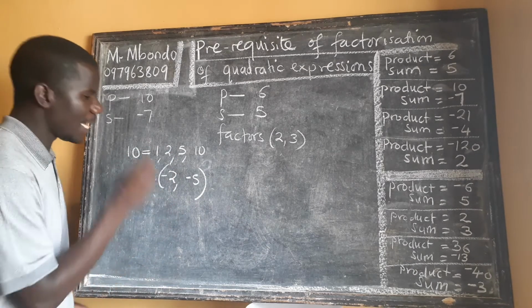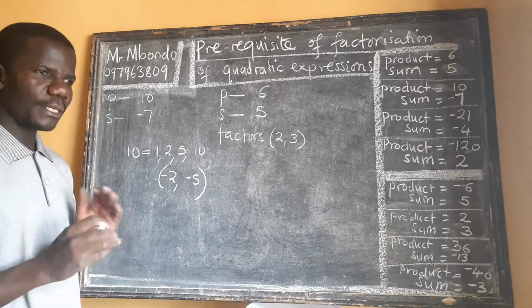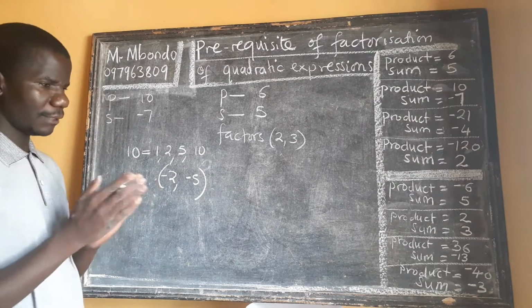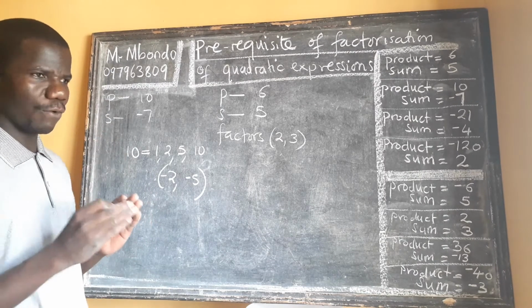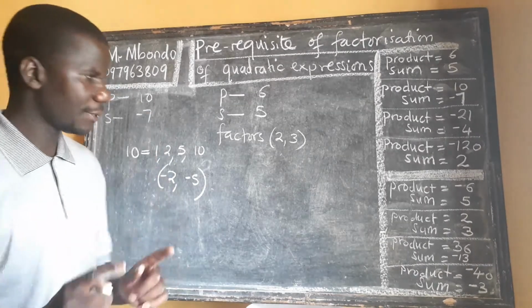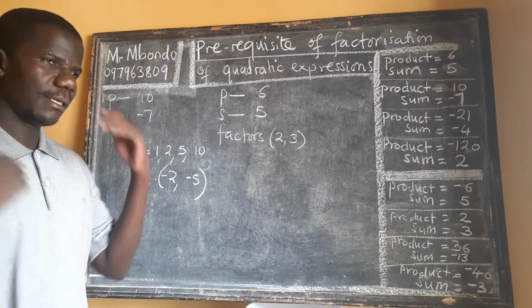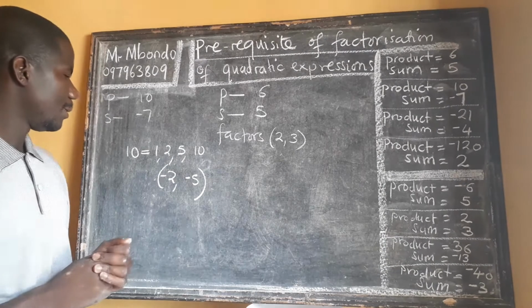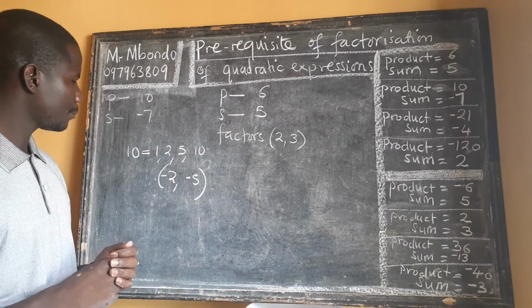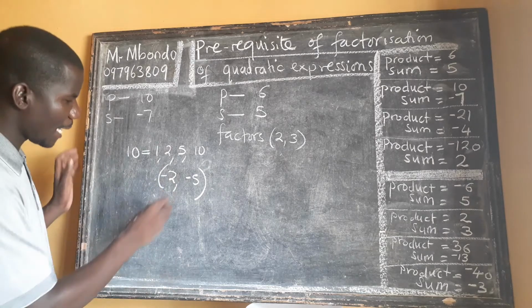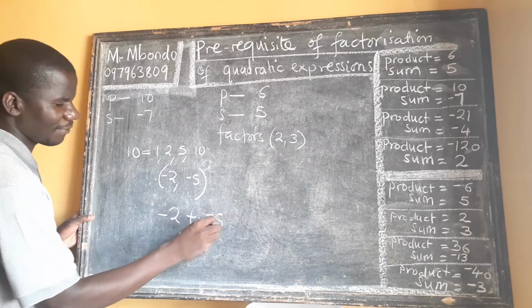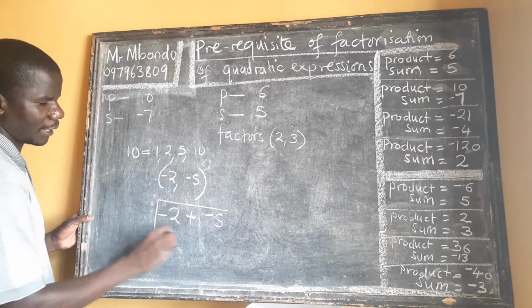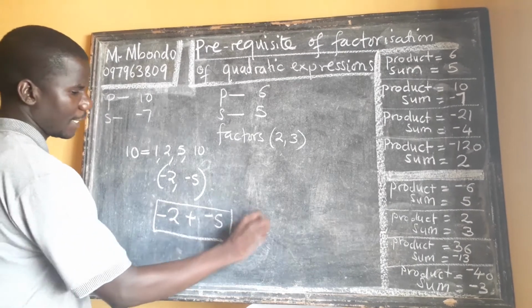Then when we add a negative number, please, there is always confusion on the part of students when it comes to addition of two numbers of the same sign, especially integers. What crosses their mind is multiplication. So when we are adding negative 2 plus negative 5, this expression can also appear in this manner.